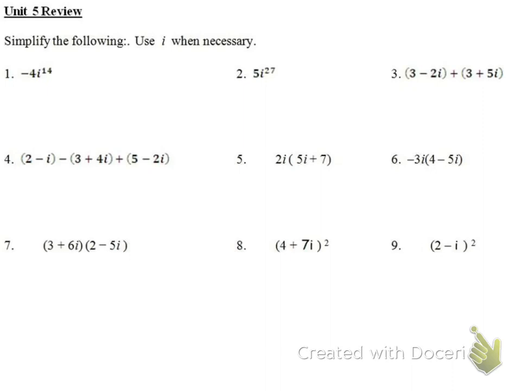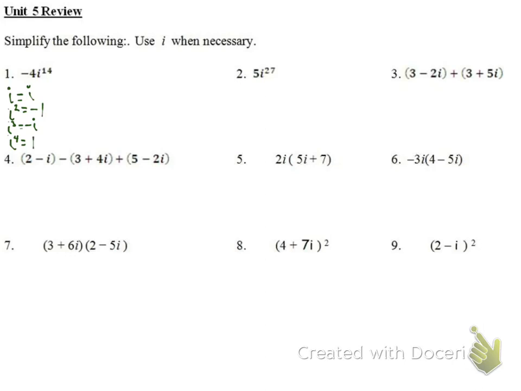And now, as we talked about before, if we look at i to its different exponents, it's a pattern that actually repeats. So we treat i as just i, but if we had i squared, that's going to be negative 1. i to the third would be i times i squared, or negative i, which would lead to i to the 4th being i squared squared, which would be 1.